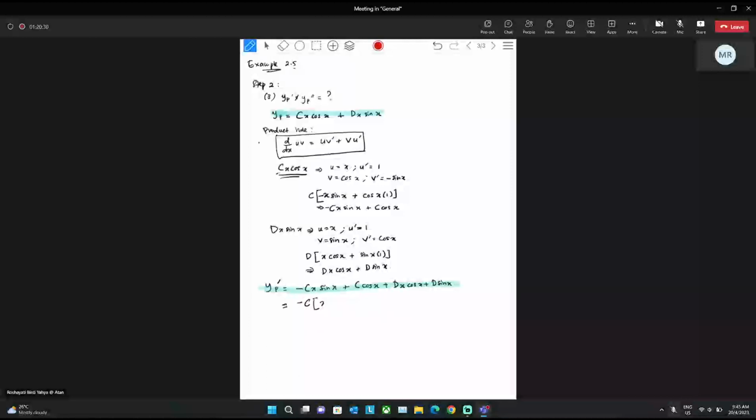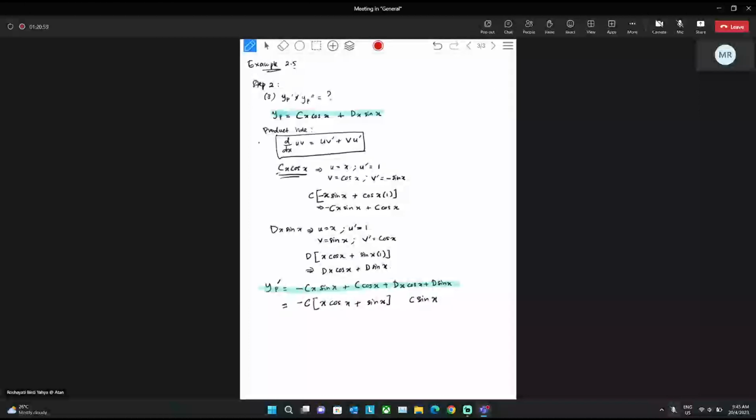So u, v prime, differentiate sin x become cos x, cos x plus v is sin x, u prime 1. So just close the bracket plus C cos x, differentiate cos become negative sin x.